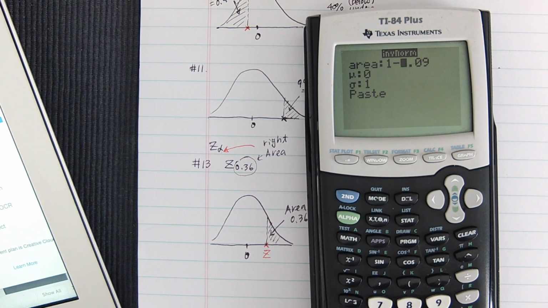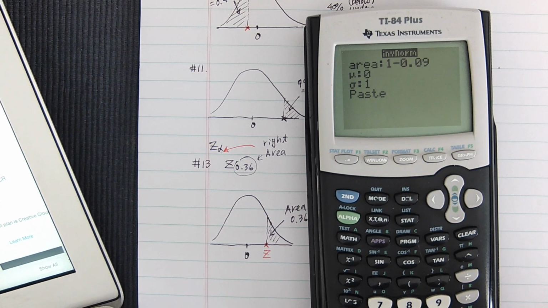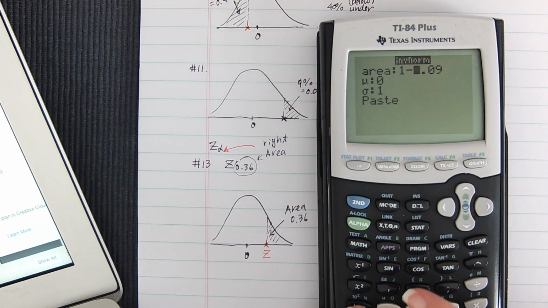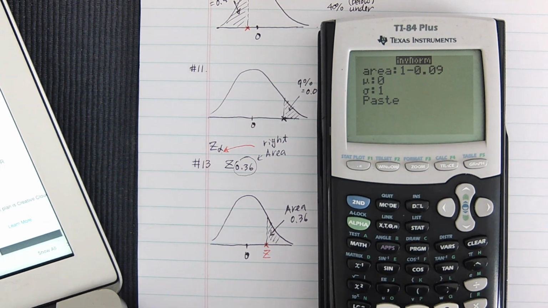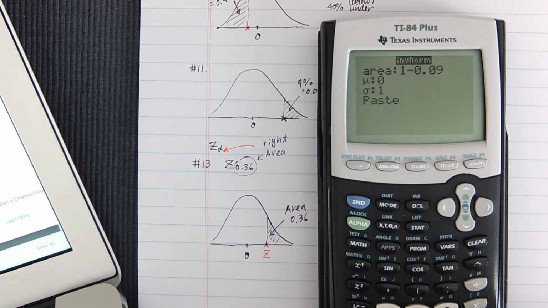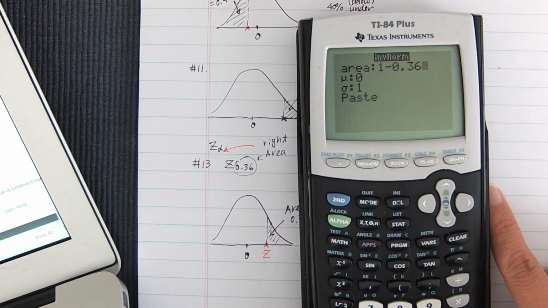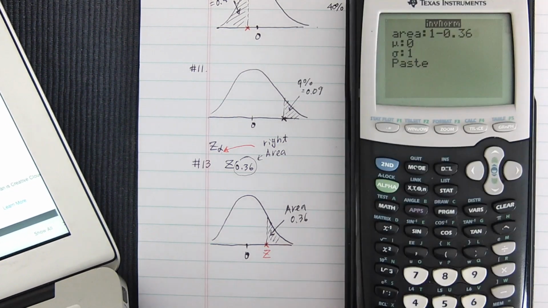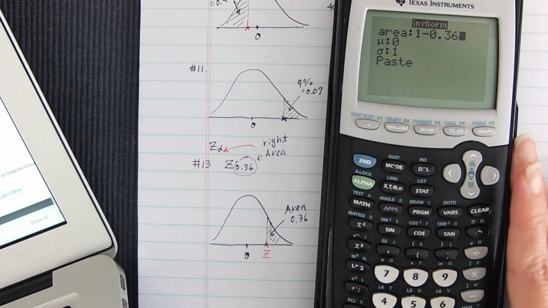Usually we'd be given the area. So this calculator pretty much does everything for you guys. You just make sure what this means. How do you put it in the calculator? That's all you gotta do.